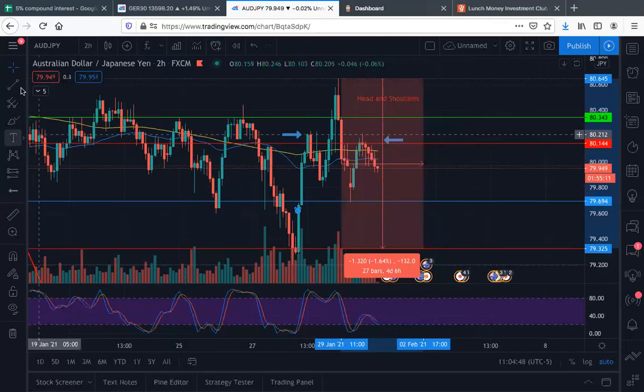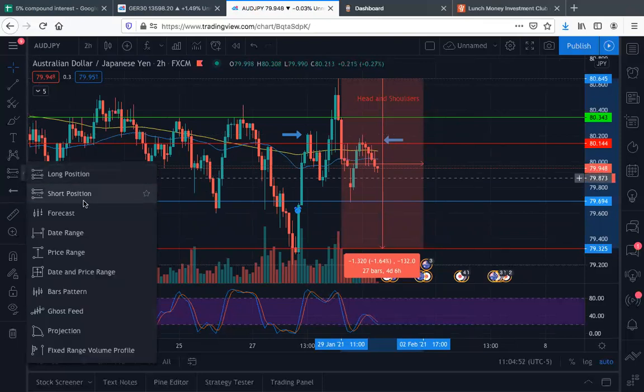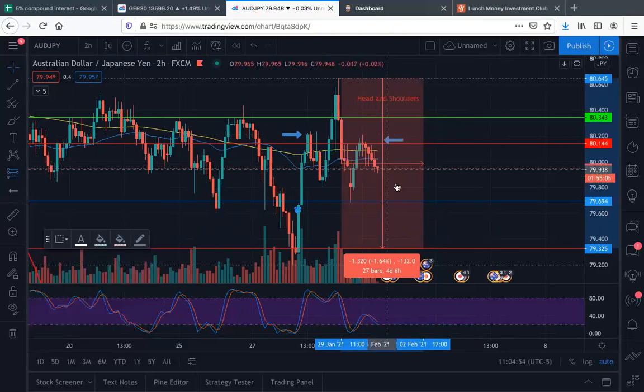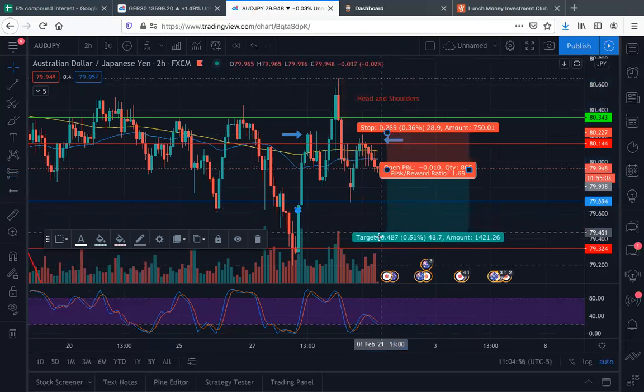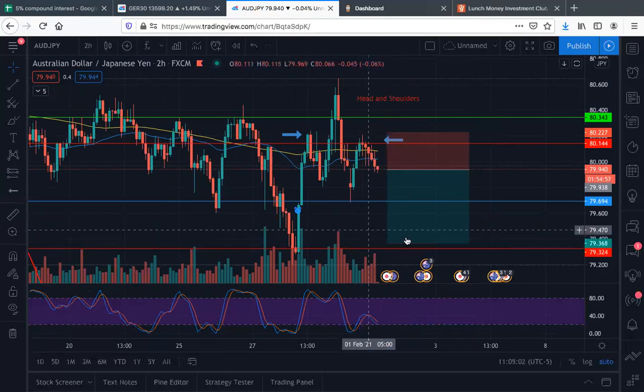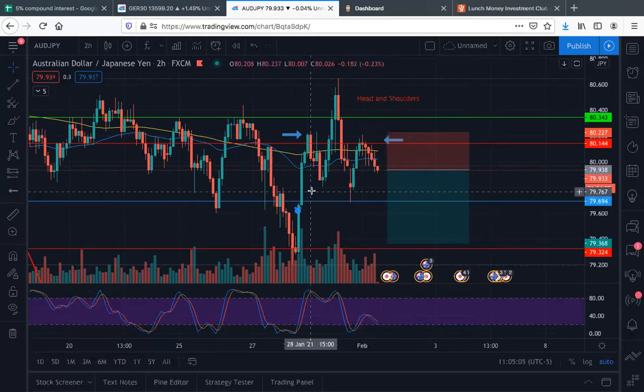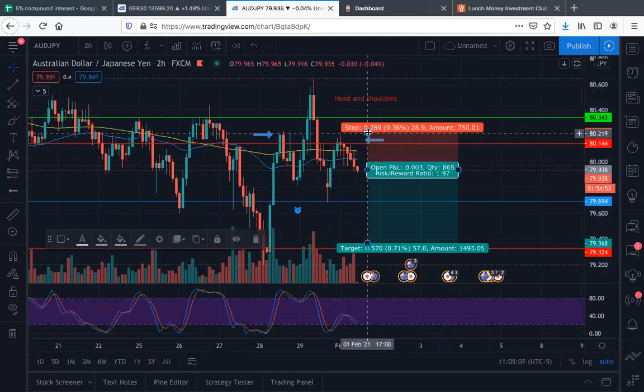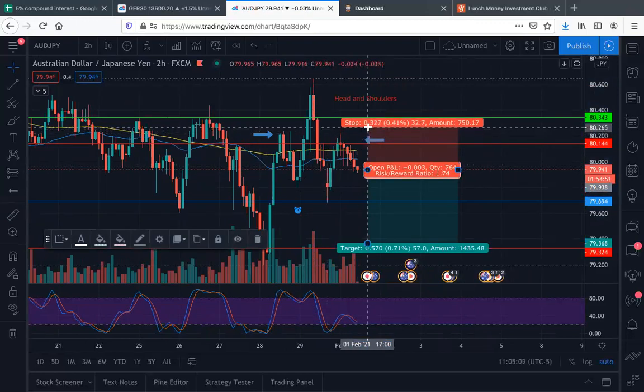So that's what we're looking at here. And then we're gonna go short. We'll go straight to that level. Put our TP just before that, y'all. We know we don't gotta be greedy. That's 57 pips. And we'll leave our stop over top of the left shoulder.